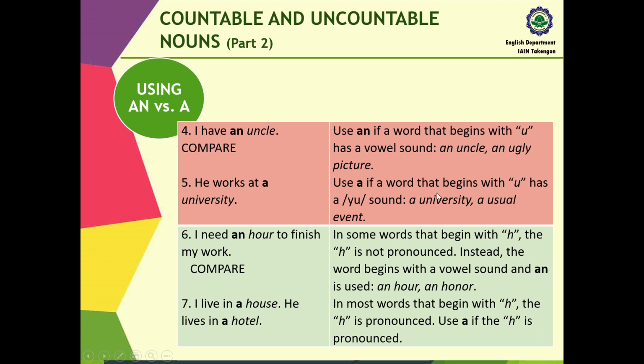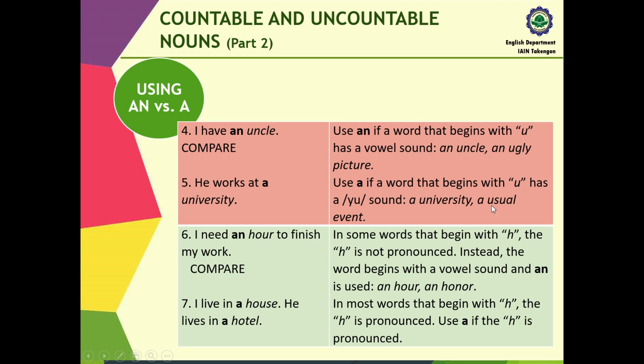Okay, let's see the next one. Use a if a word that begins with U has a "yoo" sound. In this use of a, we have the "yoo" sound, so it's not a vowel sound but a consonant. So university, we pronounce it "yoo-niversity". So we have a consonant sound here, so we use a.